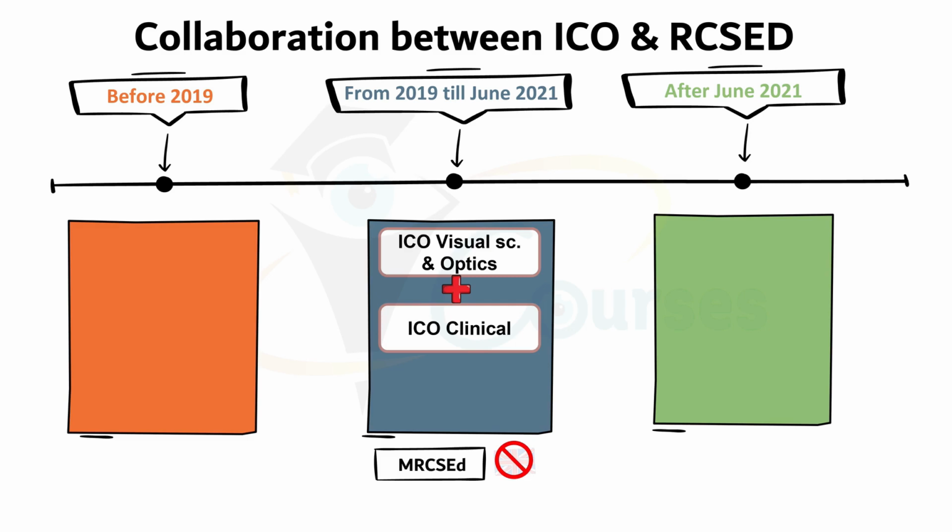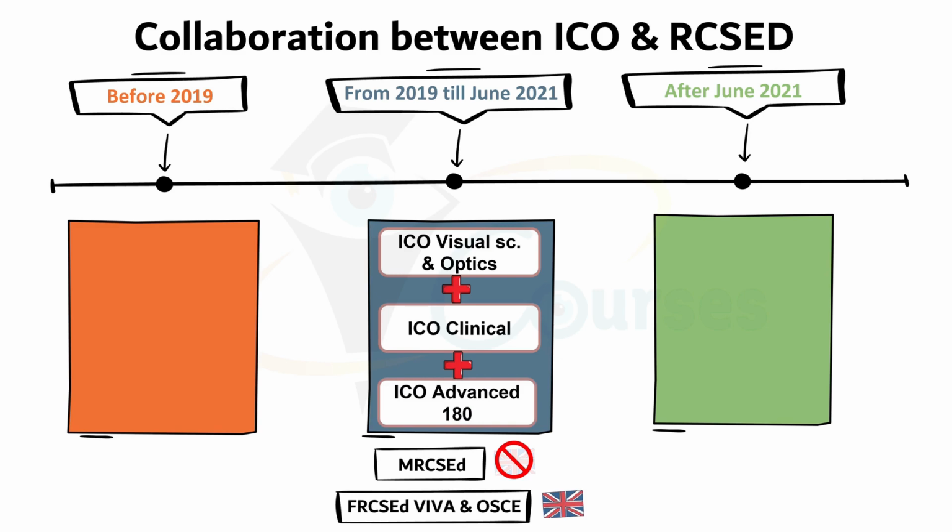However, if you also complete the Advanced 180, you will be exempted from the written part of the FRCS Edinburgh, the Viva and OSCE exam.